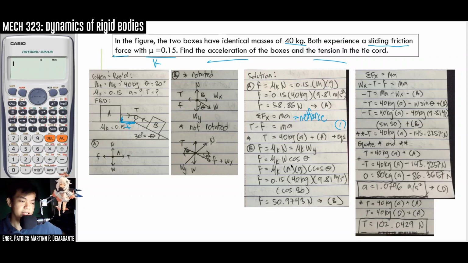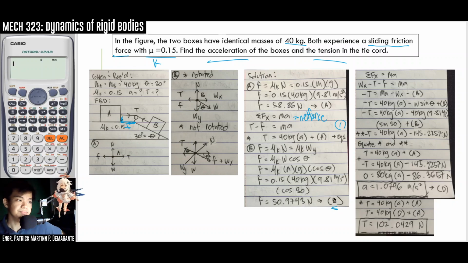Ayan. So, ito siya. F is equal to mu k W cosine theta. And meron tayong theta na 30 degrees. Substitute everything. Then we will have frictional force at point P or at block B as 50.9743 Newton.